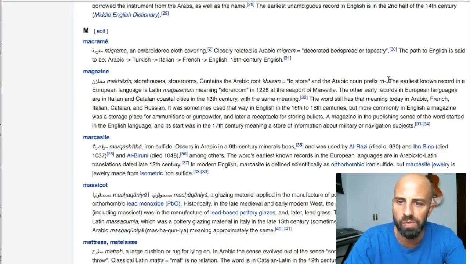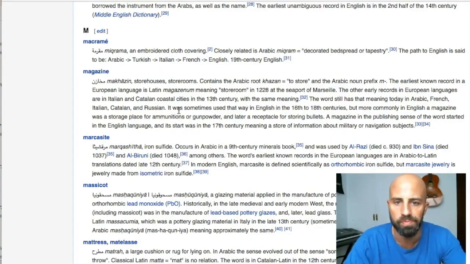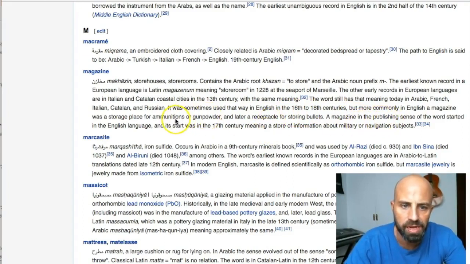The earliest known record in a European language is Latin magazinum. Hello, darkness, my old friend. For storeroom, I'm a little rusty on my Latin. In the 16th to 18th centuries, but more commonly in English, a magazine was a storage place for ammunition or gunpowder.